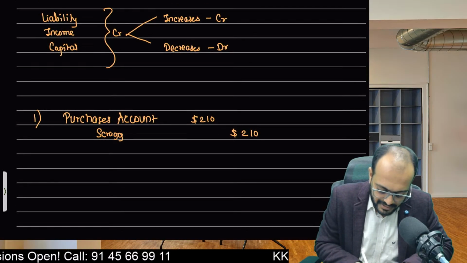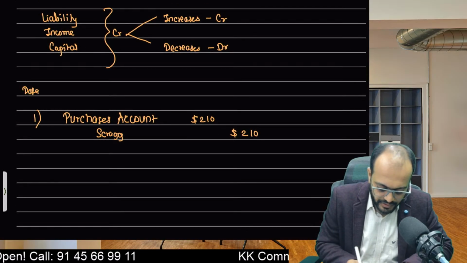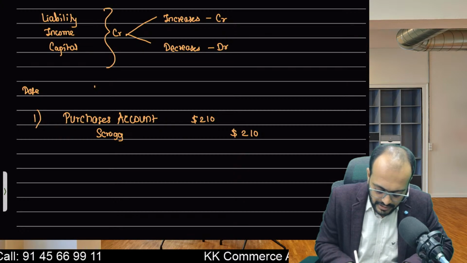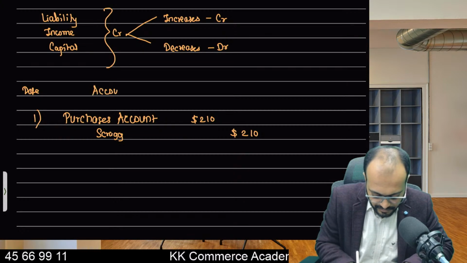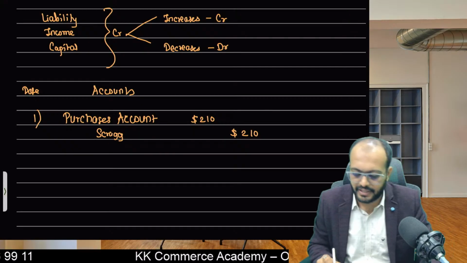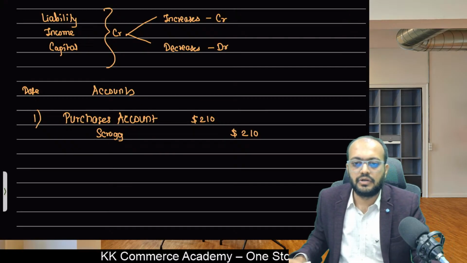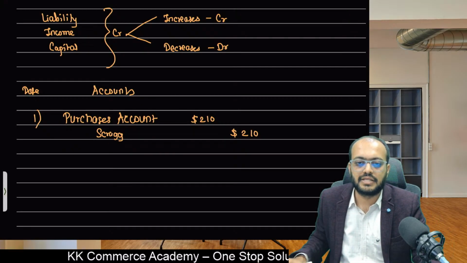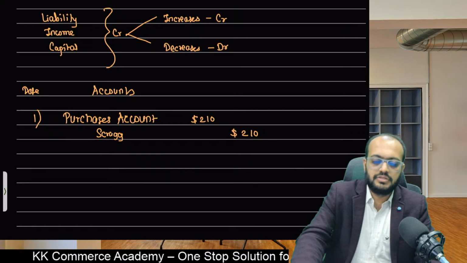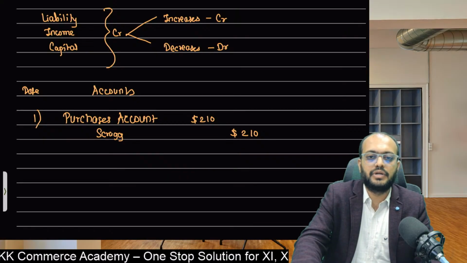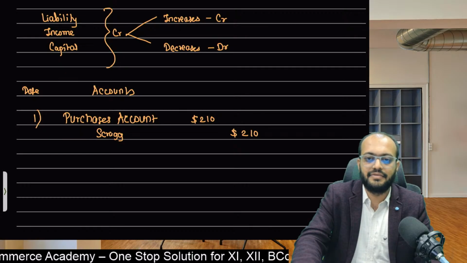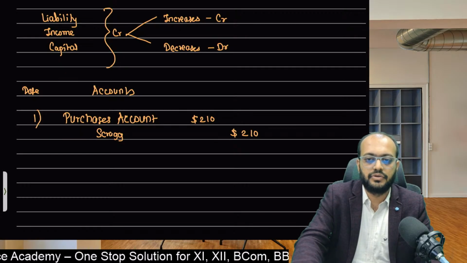So the first column is for date. The second column is for accounts, which we are writing, or it is also known as particulars. The format always varies from board to board and university to university. There is a variation in the format, of course.